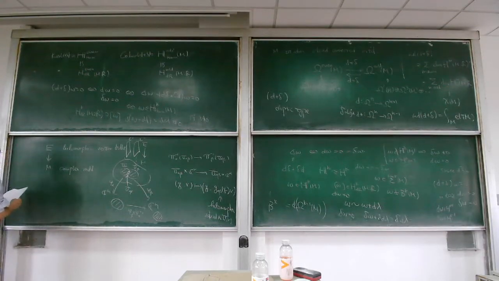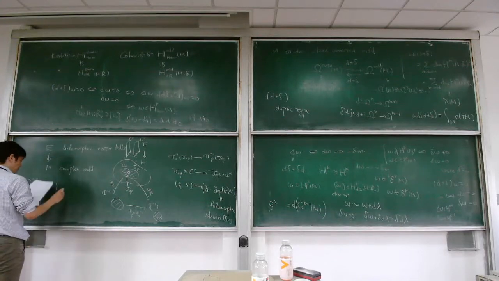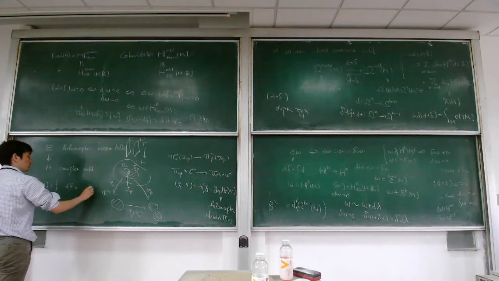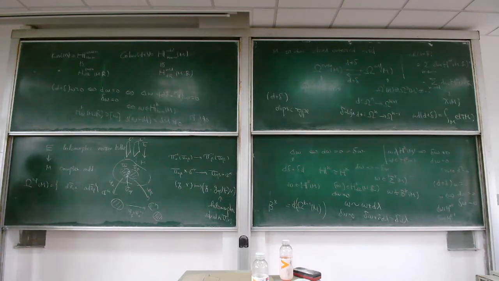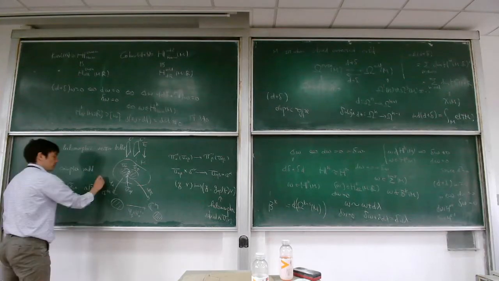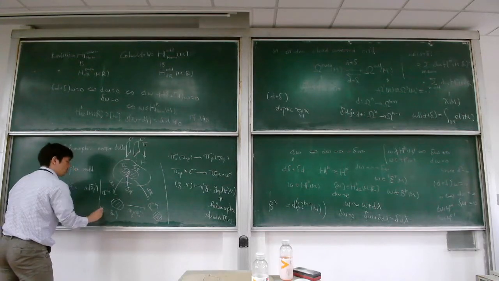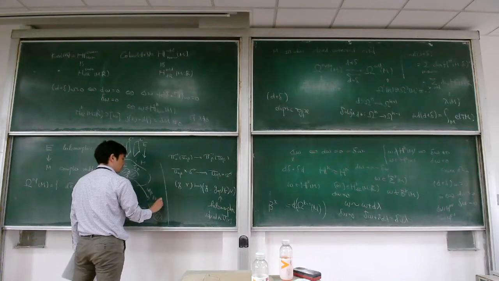So you can define, if you consider differential forms on a complex manifold, the space of p-forms can be understood as sections spanned by dz bar and so on. Here in C^n, the coordinates are z1 to zn and w1 to wn.